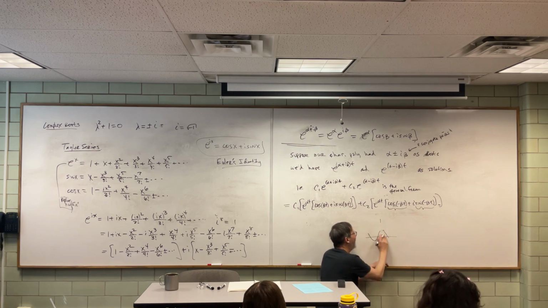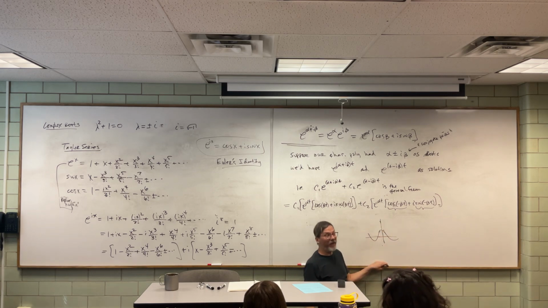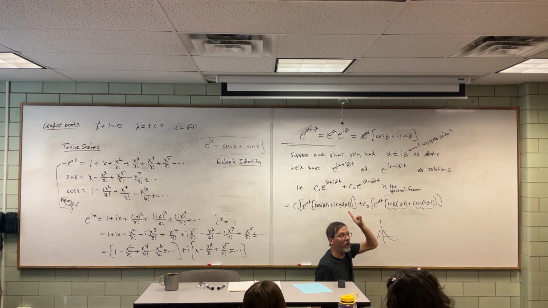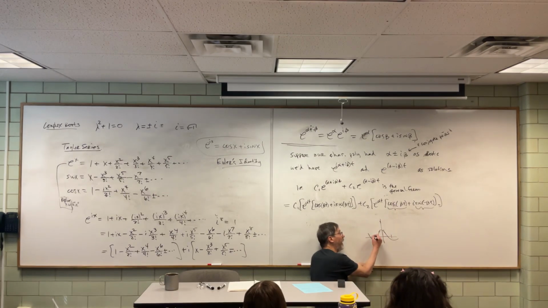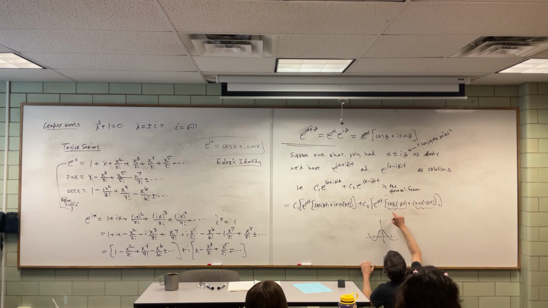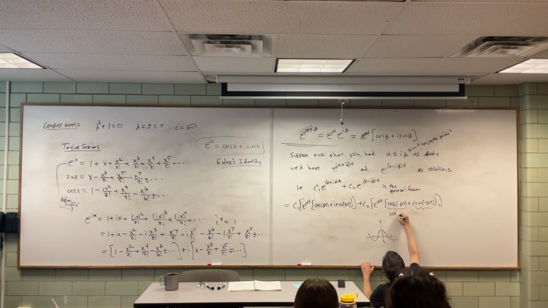Yes, correct. Even means you're symmetric around the y-axis. Cosine is even, so if you replace the argument with a negative, it doesn't matter. So cosine of negative something is the same thing as cosine of that same something, because it's symmetric like that. So this cosine of negative beta t, I can rewrite as cosine of beta t.